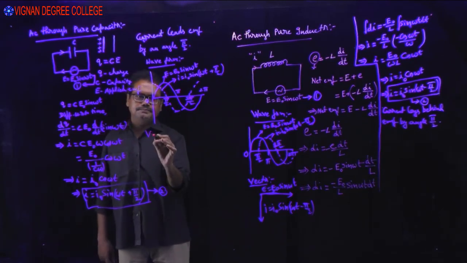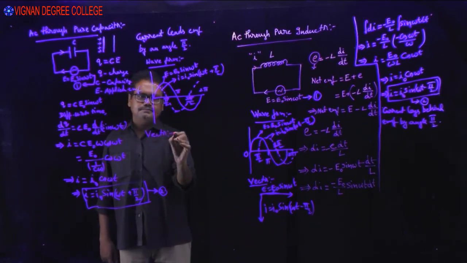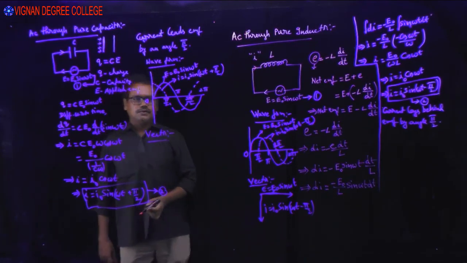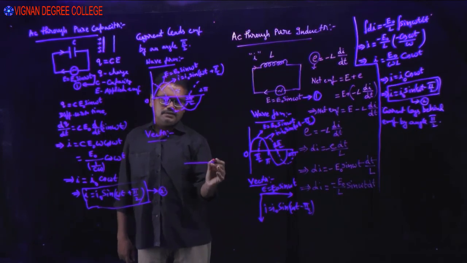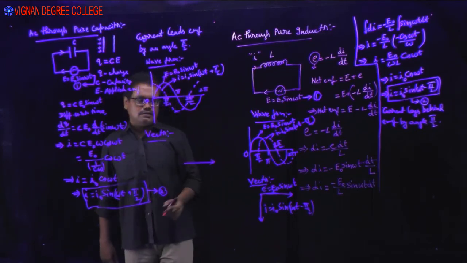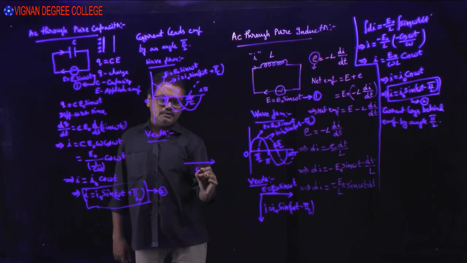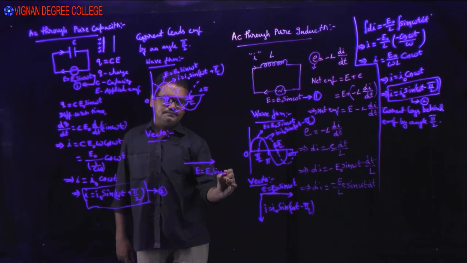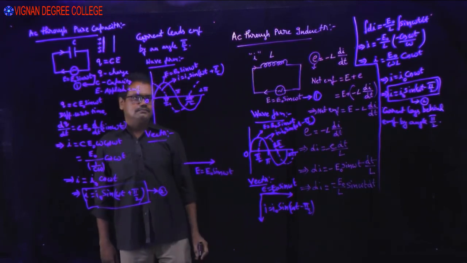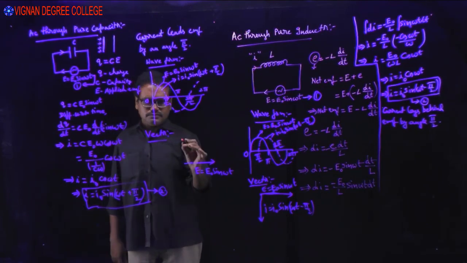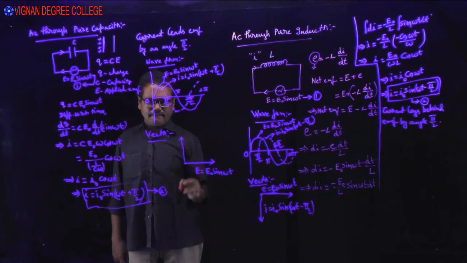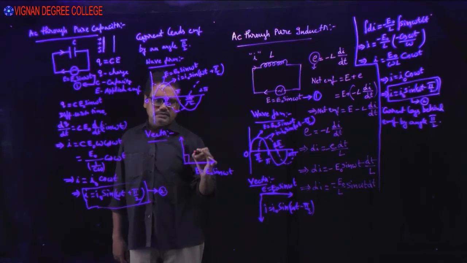Vector form. EMF E is represented horizontally. E is equal to E naught sin omega t. Current is leading by an angle pi by 2. Hence it is represented like this. Here the angle is pi by 2.